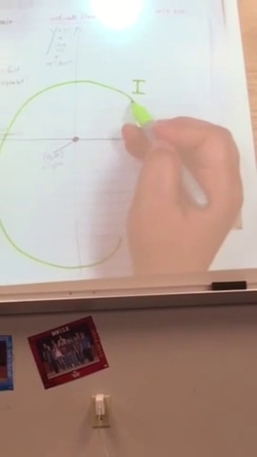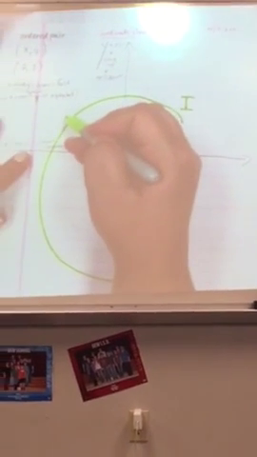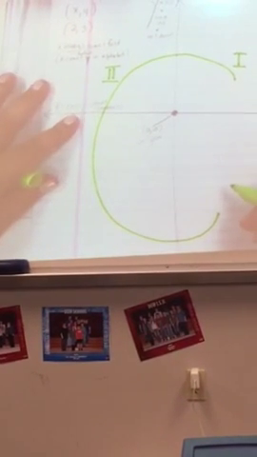Where the letter C starts would be quadrant 1. If you continue with the C, the next place you're going to hit is going to be quadrant 2. These are in Roman numerals. If you continue on with your C going down here, this would be quadrant 3. And your C would end over here in quadrant 4. Those are the 4 quadrants.